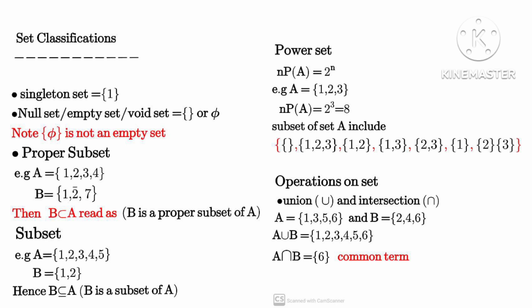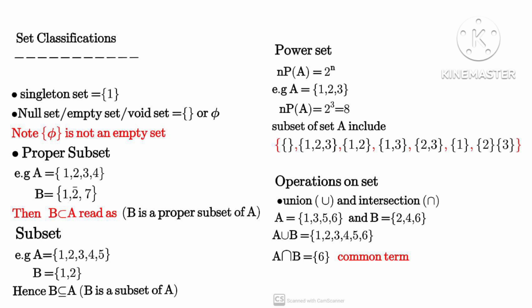Then proper set and subset. Most students usually confuse these two sets together. Now let's say A is {1, 2, 3, 4}, B is {1, 2, 7}. Now B is a proper subset of A. You notice that B is 1, 2, 7. So it means that B contains at least two elements that are in A. So it is a proper subset.